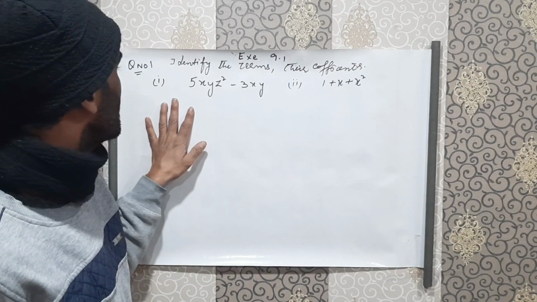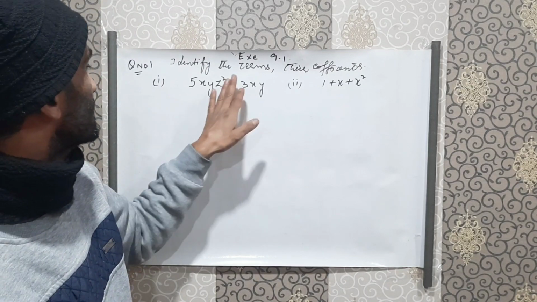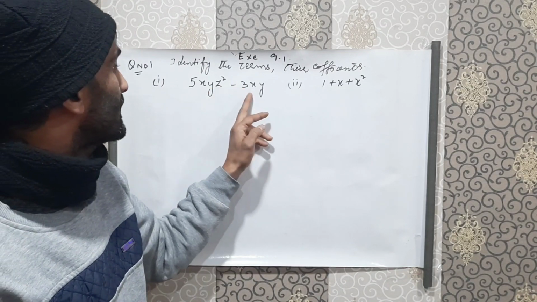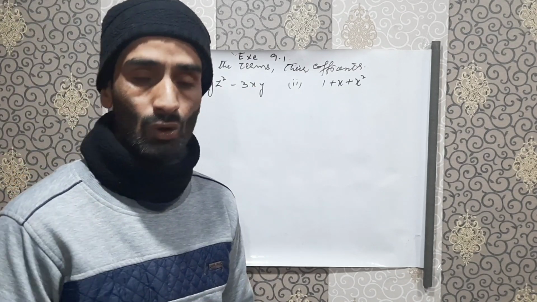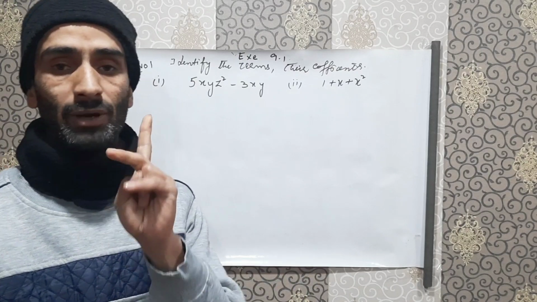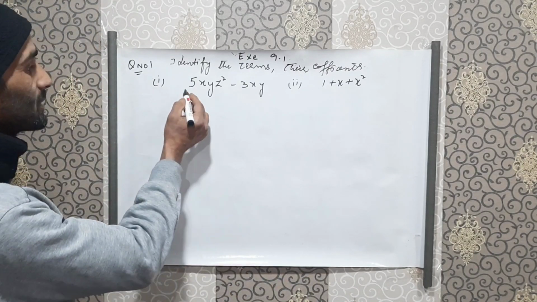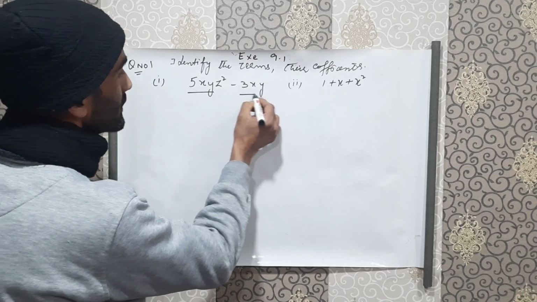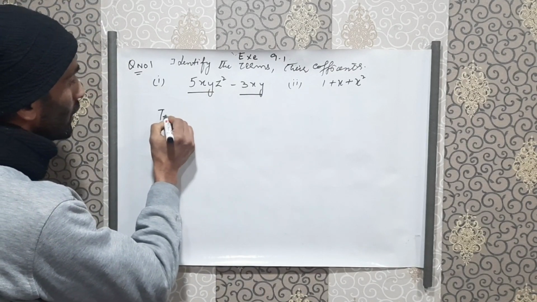So the first part is 5xyz square minus 3xy. You already know, I explained to you that terms are separated by plus and minus signs. The first expression has 2 terms.